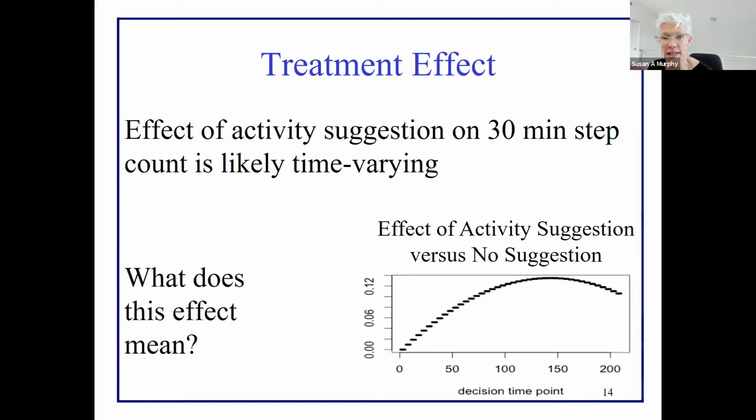So these activity suggestions are like repeated stimuli. So what we might expect if we're not careful, we're giving people them around 3 times a day, that the effectiveness is going to dissipate just because people are going to habituate, or they're going to get aggravated and they'll ignore us. So that's why there's a downturn closer to time 200.